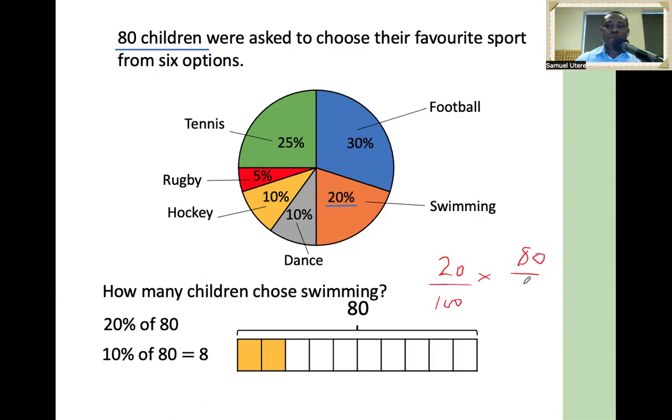So some people could work it like this. And remember, there was a time we did a percentage of amounts. So this one, we know 20% represents 1/5 of something. So to find out 20%, you simply divide by 5. So you could have done 80 divided by 5 to get the amount.